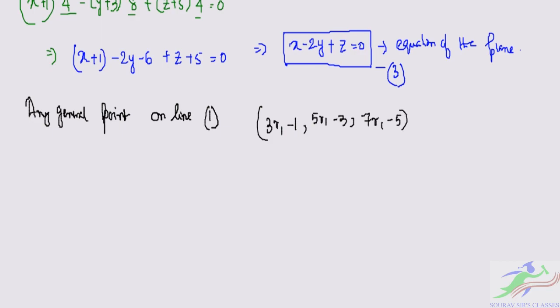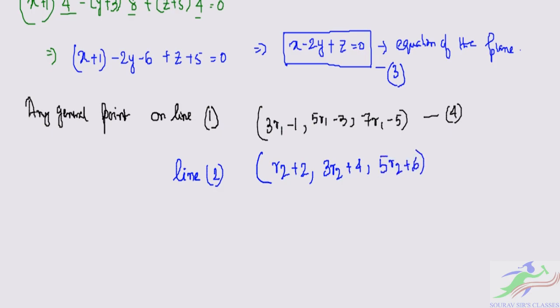Let us take this as equation number 4. Similarly, a general point on line 2 will be r2 plus 2, 3r2 plus 4, and 5r2 plus 6. Let us take this as equation number 5, right?